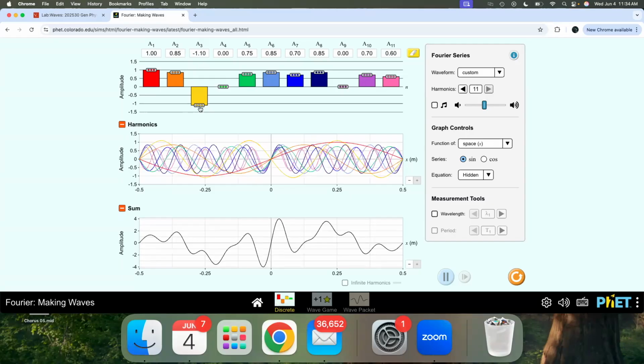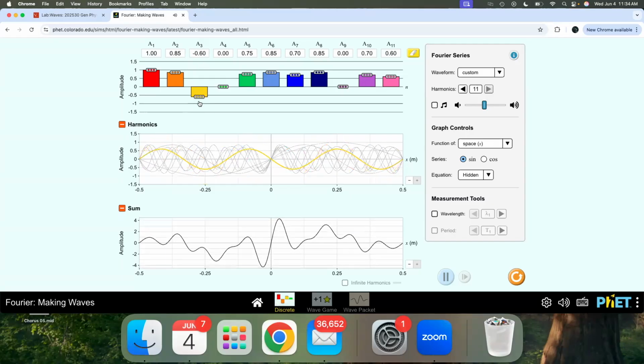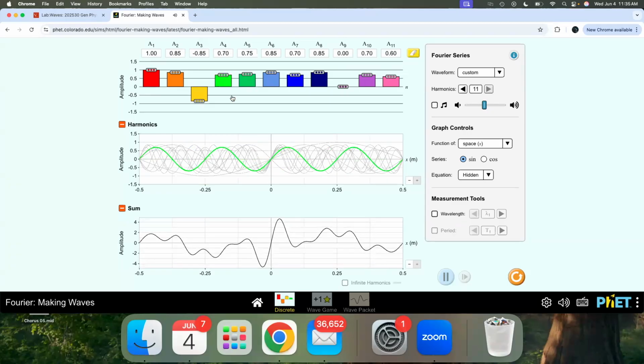And it has -1 of this and 0 of this and so forth. So the way I'm building this is I'm taking a bunch of individual sine and cosine waves and adding them together. The way Fourier transform works is going backwards. You start with something like this, and we decompose it into a sum of a bunch of these guys.